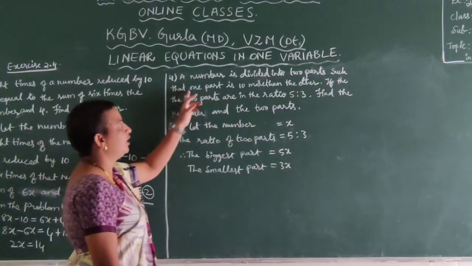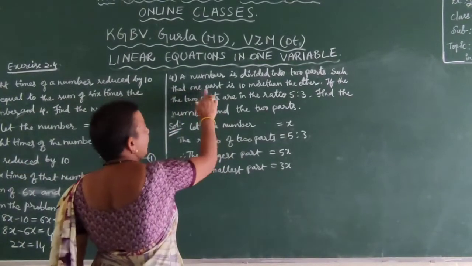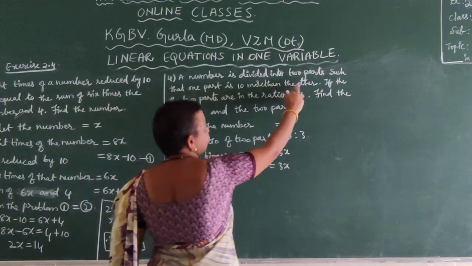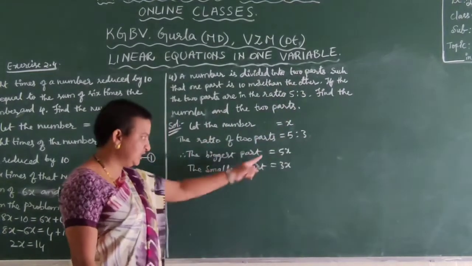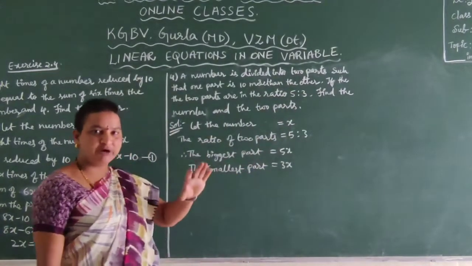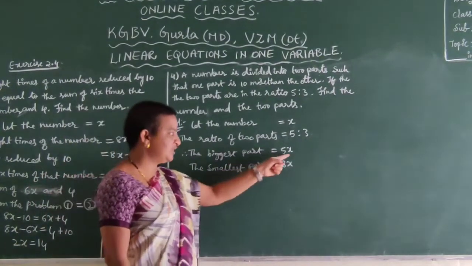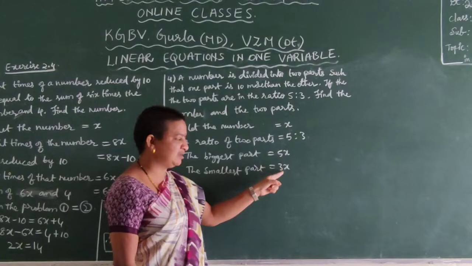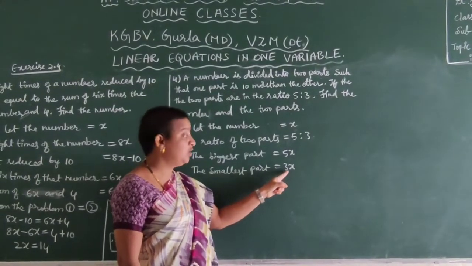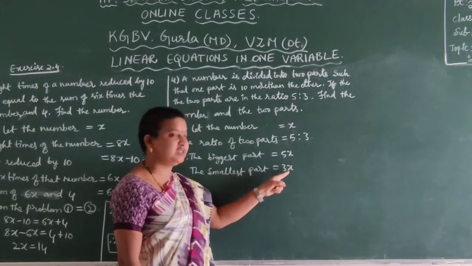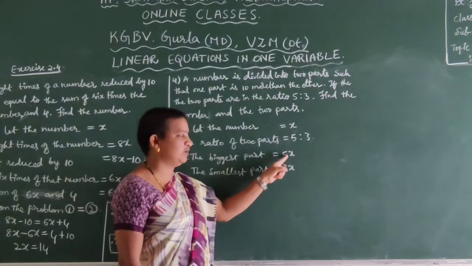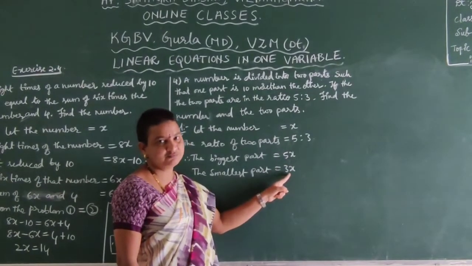Okay, now you have to read this sentence. One part is 10 more than the other. In these two parts, one part is 10 more than the other. So this one is 10 more than the second one. So if we add 10 to the second part, these two will be equal.